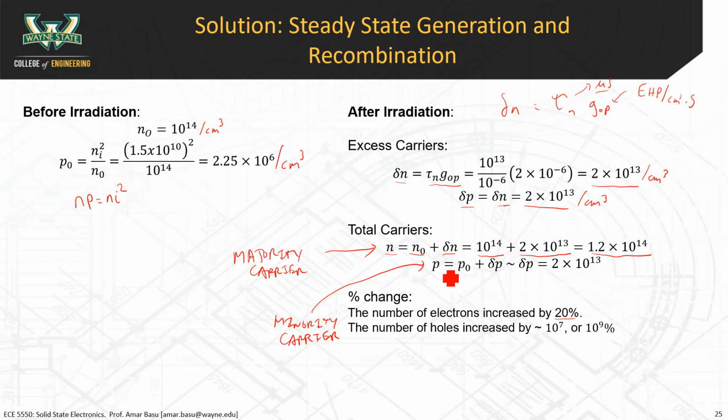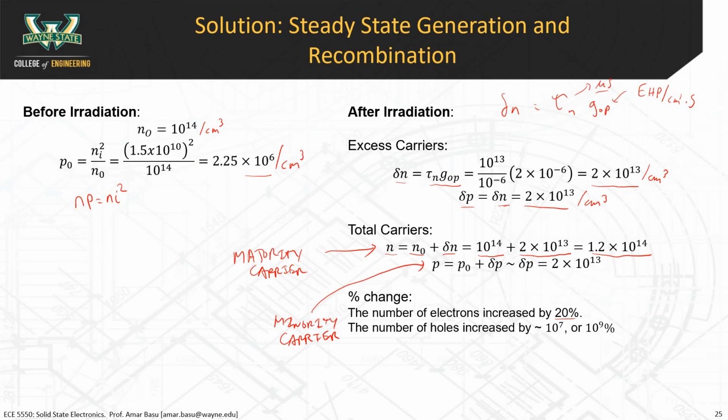The holes started off at 2.25 times 10 to the 6th. It started off at a pretty low concentration. Now you add your sigma p, if you add 2 times 10 to the 13th to 2 times 10 to the 6th, that's obviously many, many orders of magnitude smaller. So p0 plus sigma p is approximately equal to just sigma p, which is equal to 2 times 10 to the 13th.